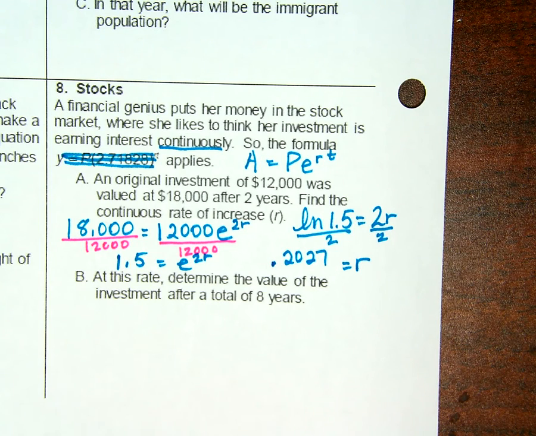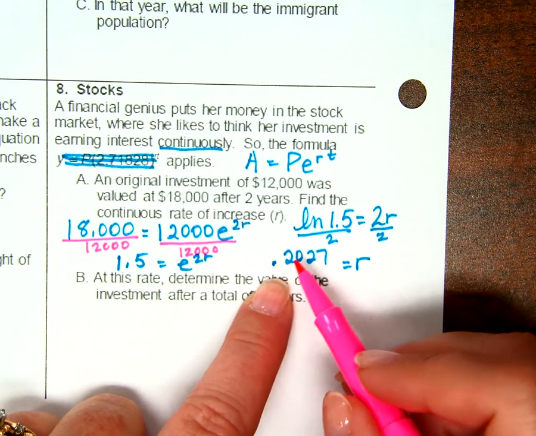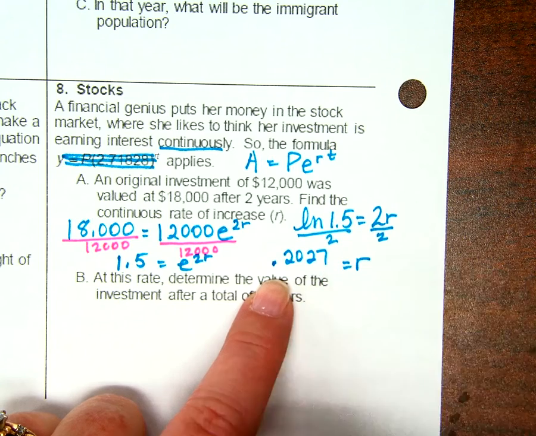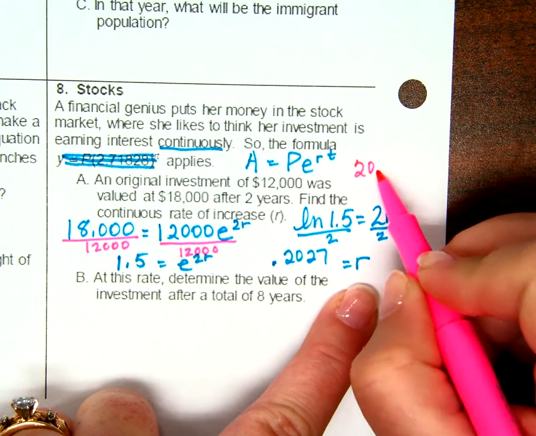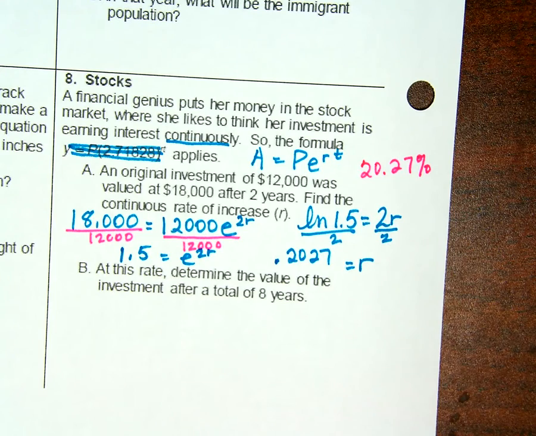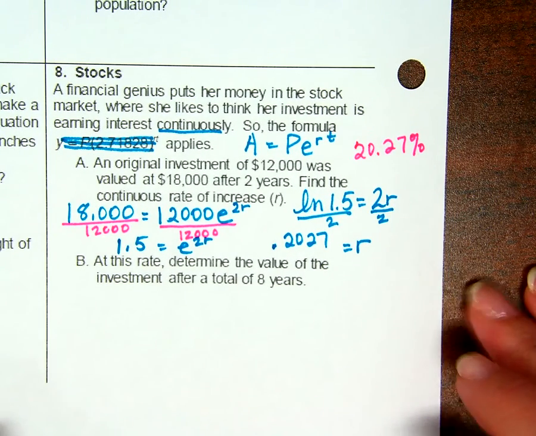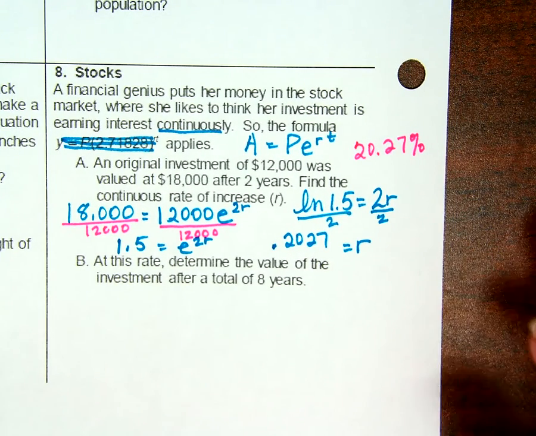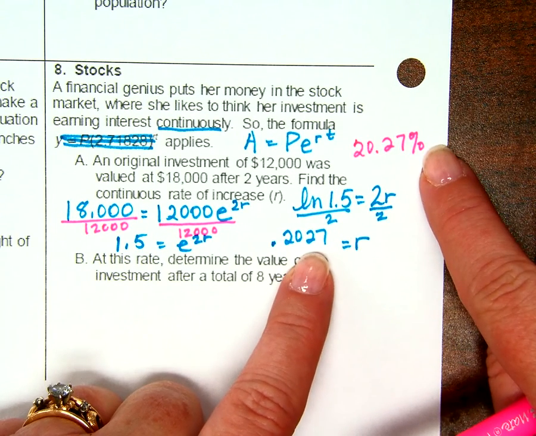So there's two ways we can answer this, right? We could say it is actually 0.2027, or what else could we say? 20.27%. Which way is more correct? There's not one. It doesn't ask specifically for a decimal, and it doesn't ask specifically for a percent, does it? So either one of these answers is totally fine for this.